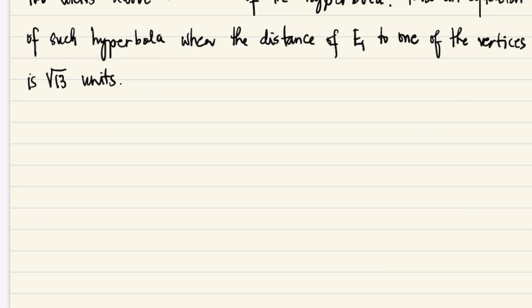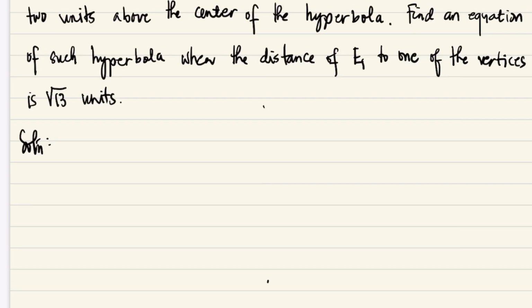Now, to solve for the intersection, we have 3x minus 2y equals 0, and 2x plus 3y equals 13. So this is the system of my equations.